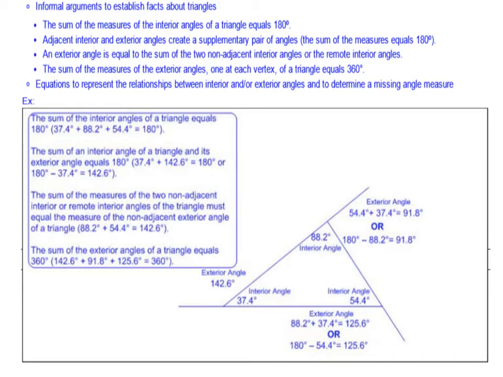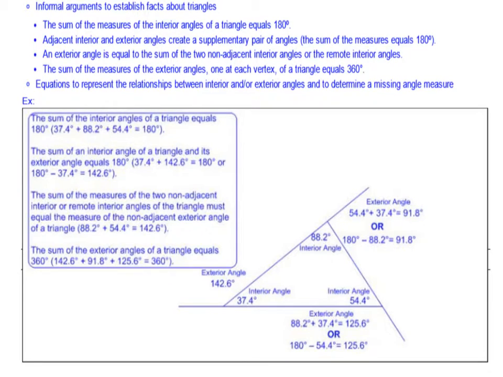So I'm taking my little handy calculator, and I'm going to take 37.4 plus 88.2, and it gives me this particular angle. So these two must give me this one.